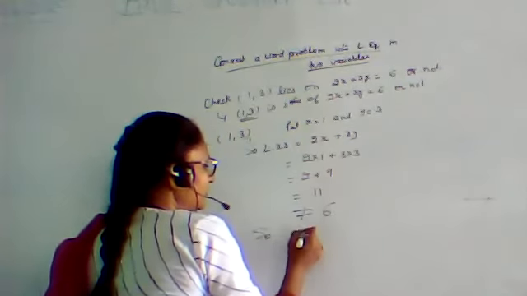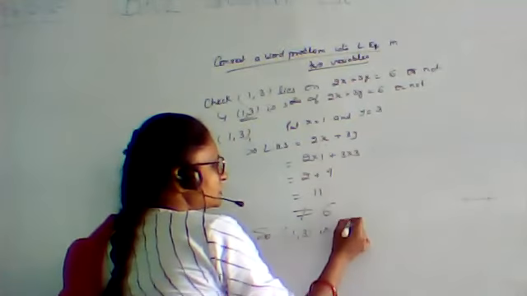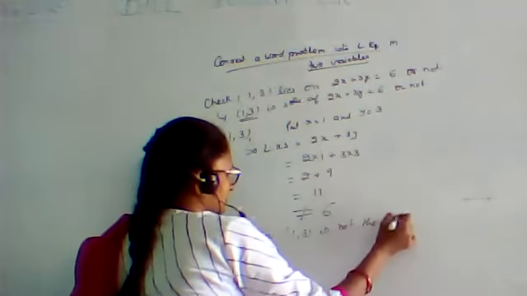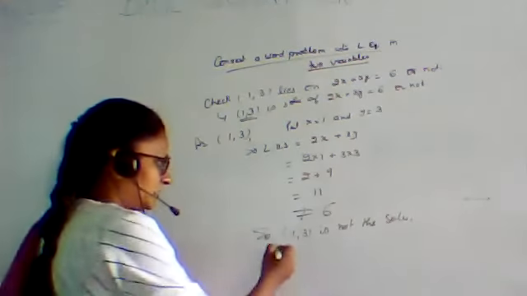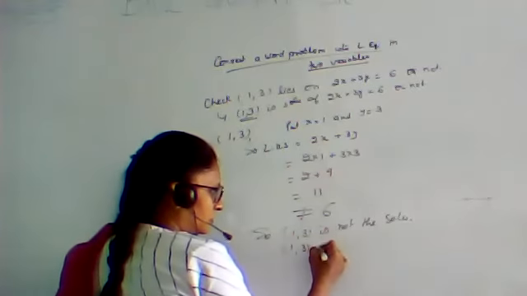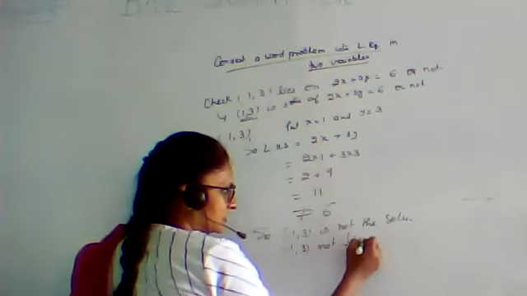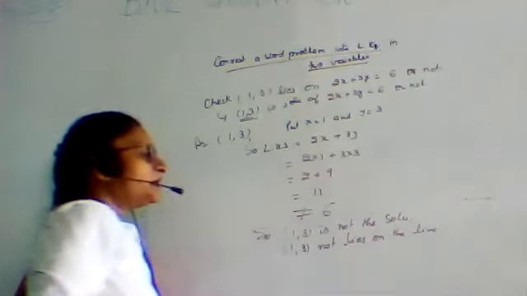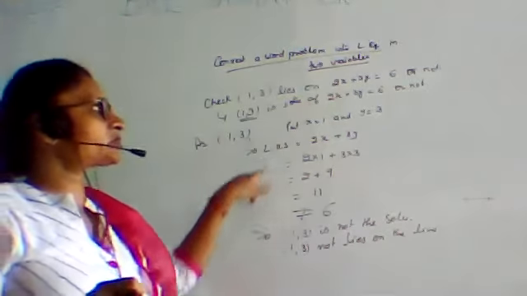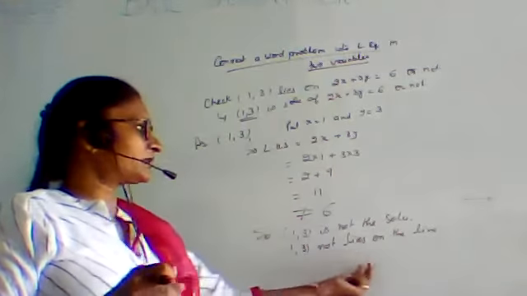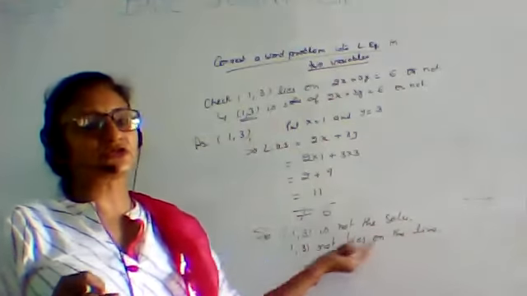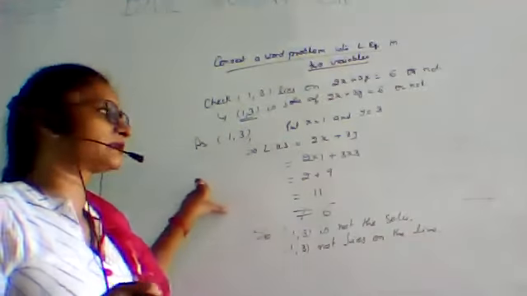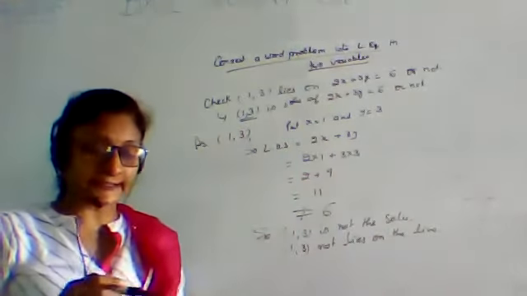So 1, 3 is not the solution. Or we can say 1, 3 does not lie on the line. यानी कि 1, 3 इसका सॉल्यूशन नहीं है या 1, 3 डजंट लाई ऑन द लाइन. जो भी हमारा इसका ग्राफ बनेगा 1, 3 उसके ऊपर लाई नहीं करता है.